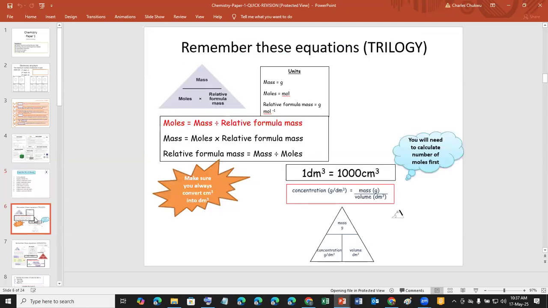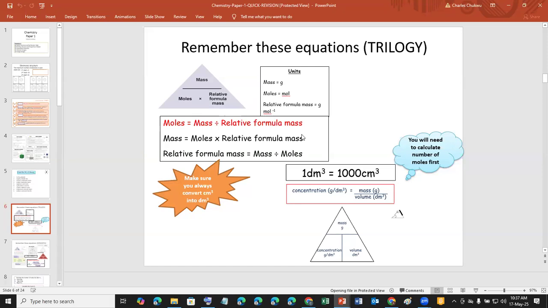All right. So there are a couple of formulas that we need to remember. The number of moles is given by mass divided by relative formula mass. We'll come to these formulas.